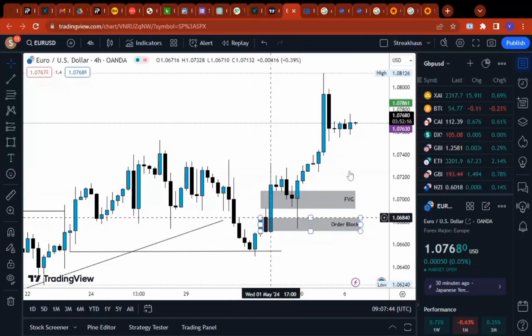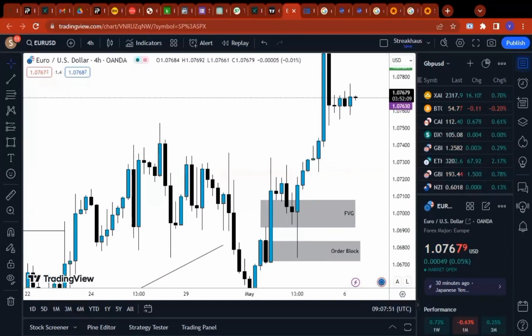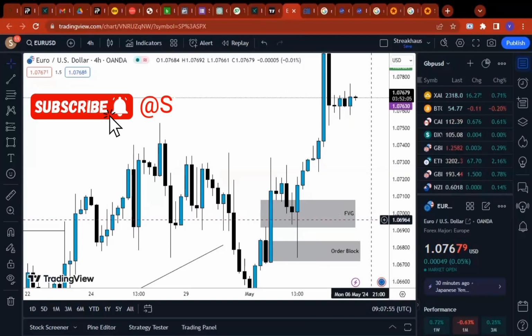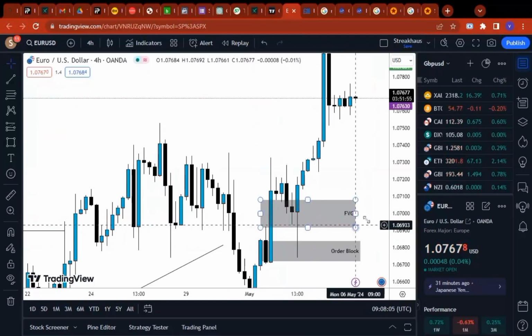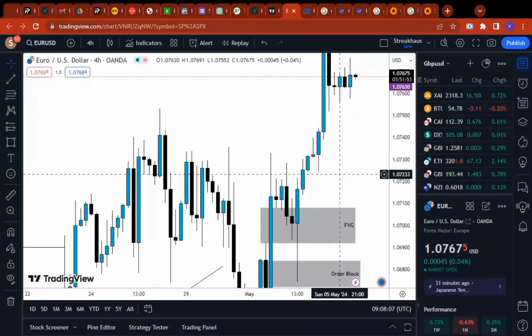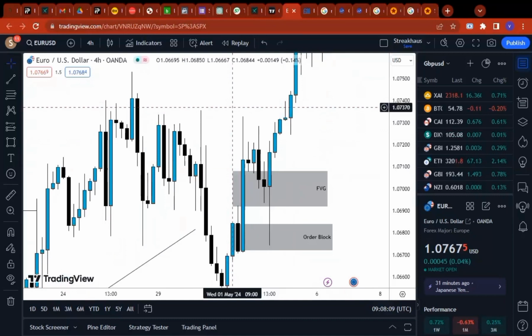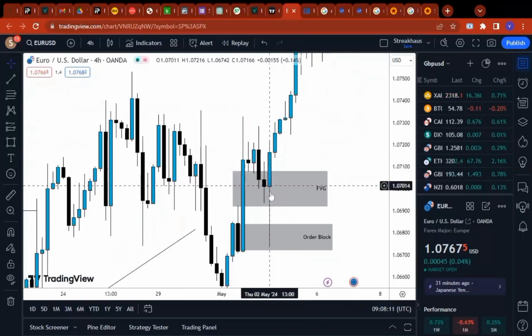And when this happened, you also discover that we have a fair value gap that was formed in that particular place, which I marked out here as FVG, right? And notice what happened. Price came down, mitigated this fair value gap, took it out, and also came into the order block before a continuation.